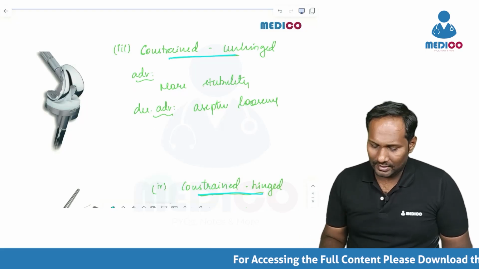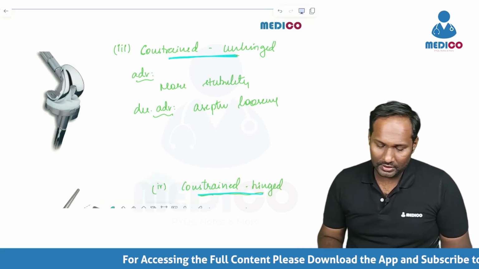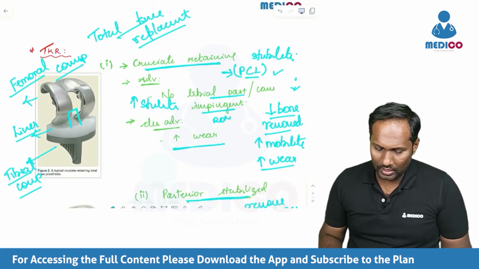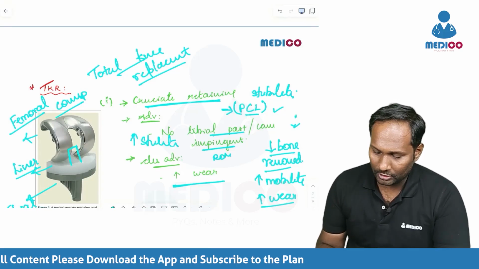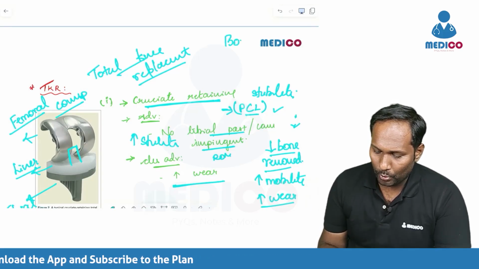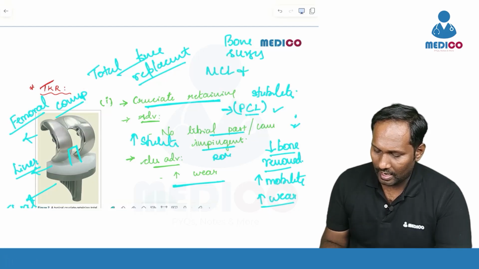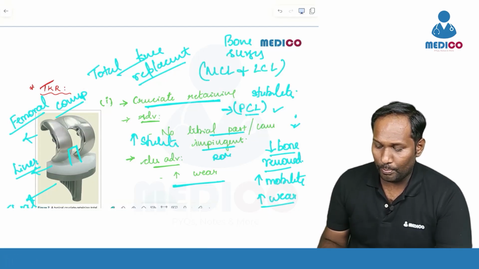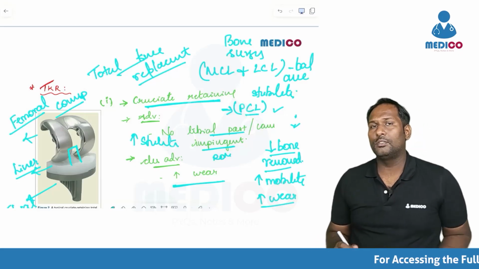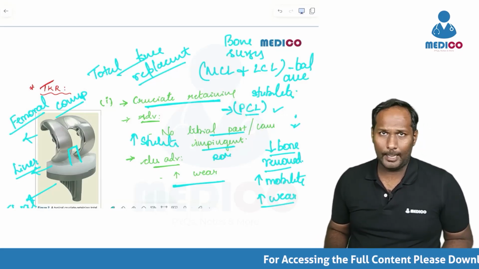The next is the constraint prosthesis. Basically, what you have to understand is that in total knee replacement, although you are doing a bony surgery, you need the MCL and LCL to balance the knee. Without them, it is not possible to give a stable knee.